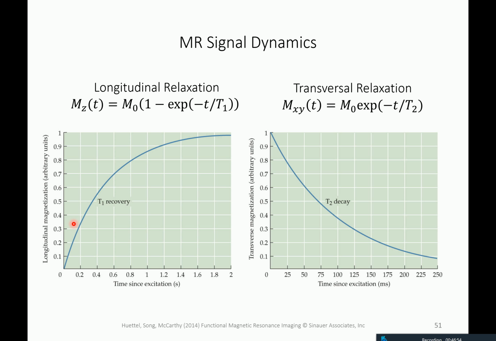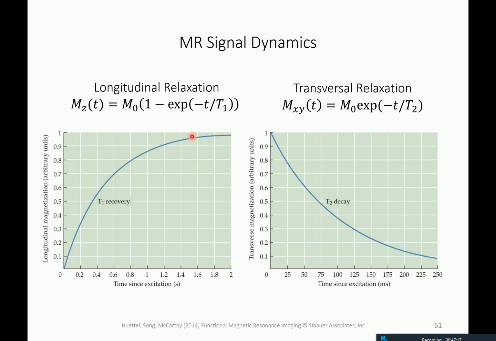So: longitudinal relaxation governed by T1, rebuild of the longitudinal z direction magnetization; transversal relaxation governed by T2 or T2 star, depending on how one does the measurement, which is fast, and the signal goes down.